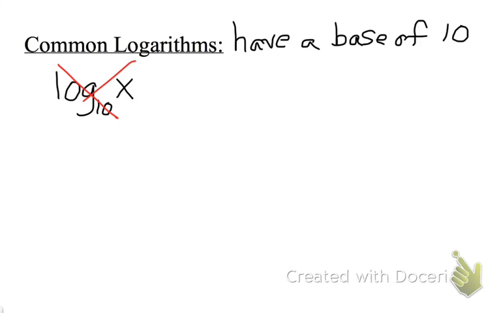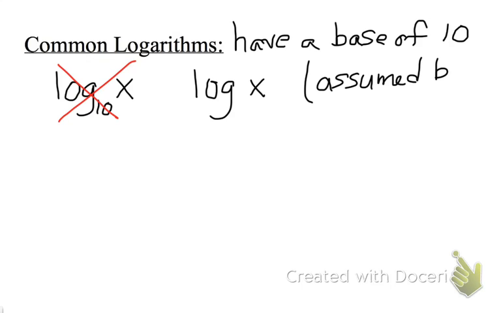Very rarely will you ever see log base 10 of x. Instead, because it's a common occurrence, it's written just as the log of x. And so if no base on your logarithm is written, the assumed base is 10. And this is a common logarithm.